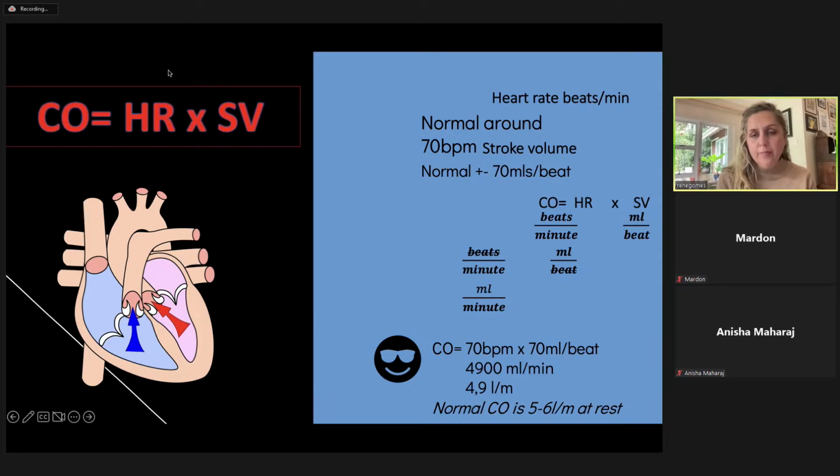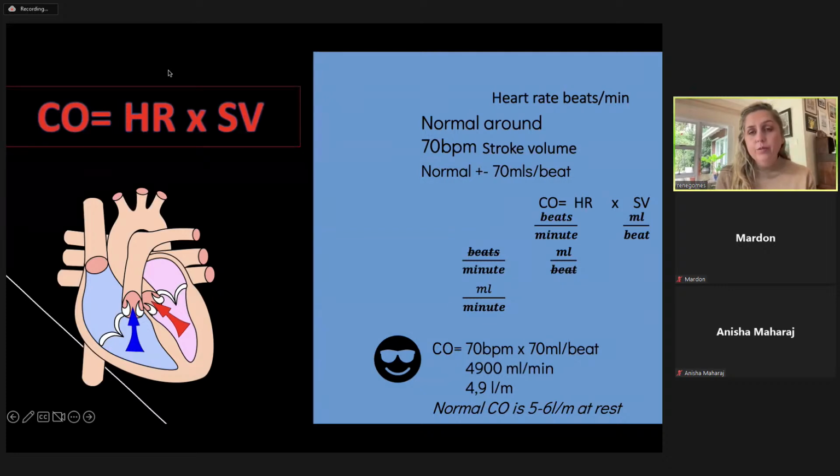As soon as this drops, there's a whole lot of mechanisms in our body where we have our chemoreceptors and all our homeostatic mechanisms take place, and the first thing that will happen is our body will give us a sympathetic nervous response, and we will up our heart rate a bit to maintain an adequate cardiac output.